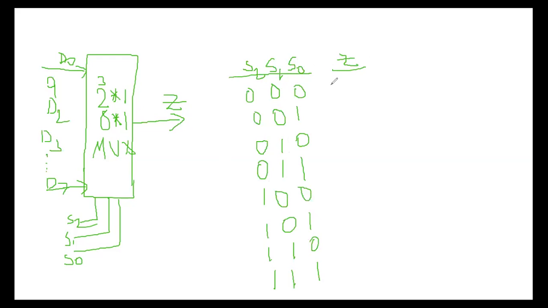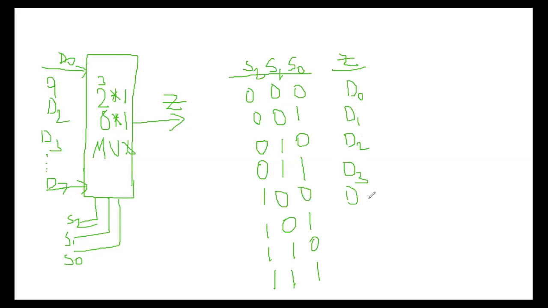When I select 0 0 0, D0 will appear at the output side; 0 0 1, D1 will appear; 0 1 0, D2 will be obtained; and 0 1 1, at the output side we get D3 data.